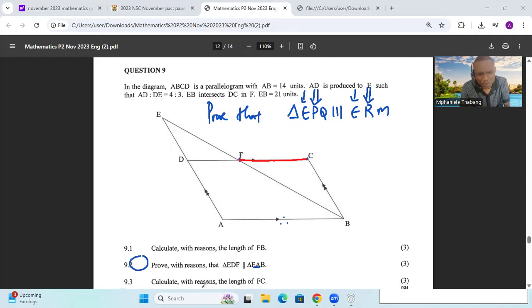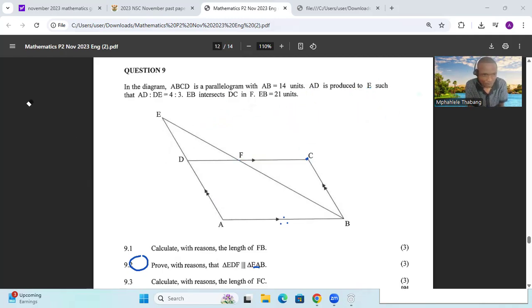So on 9.3, I'm going to apply something very important. I'm going to apply the theorem that says corresponding sides of similar triangles are in proportion. So let me show you what you do here when you are answering the problem of 9.3.